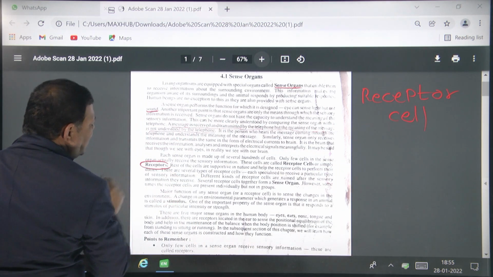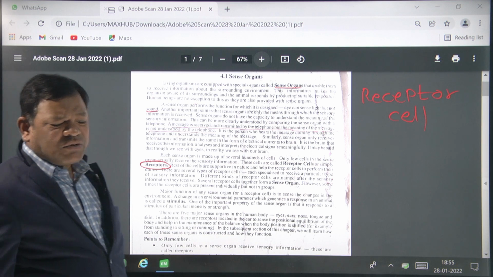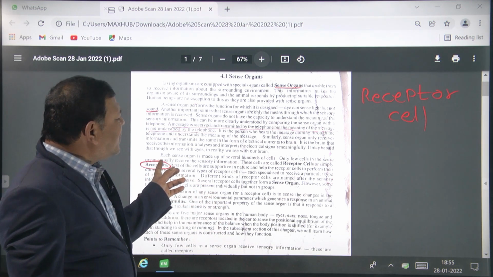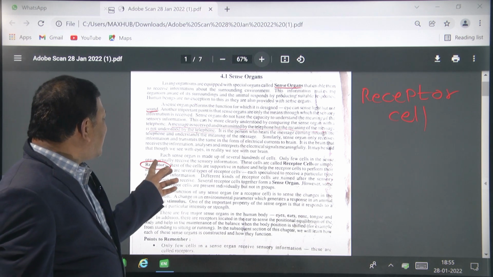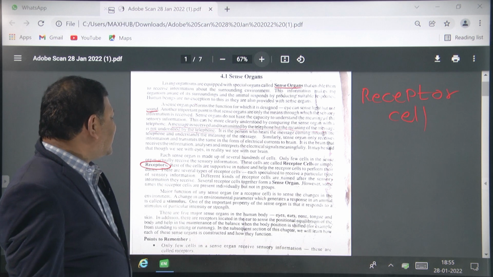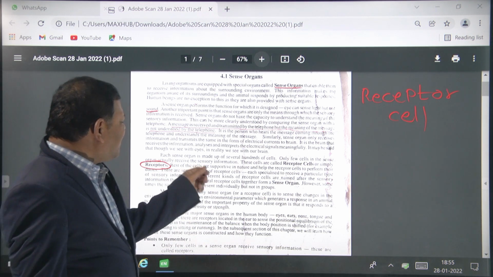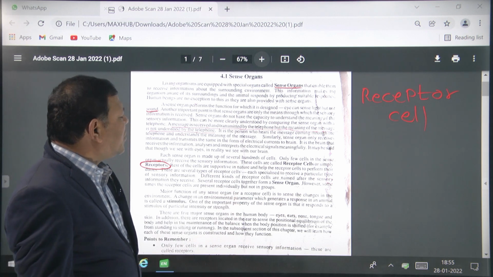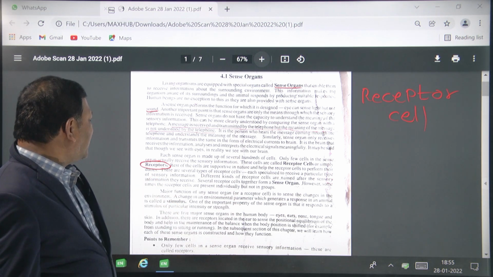Receptors are the cells through which the sense organ receives sensory information. The rest of the cells are supportive in nature and help the receptor cells to perform their duties.